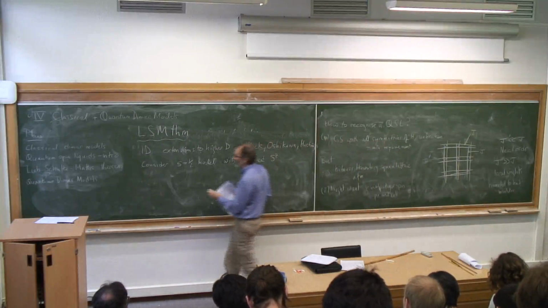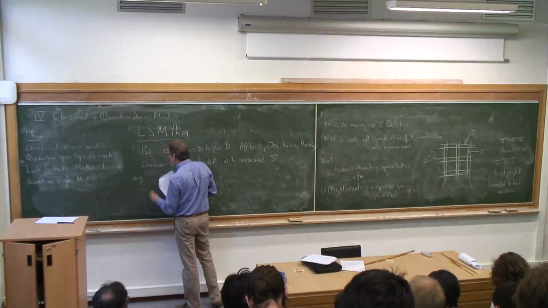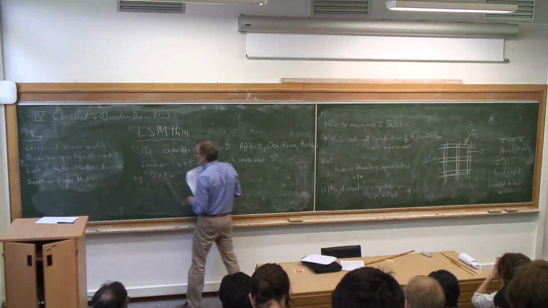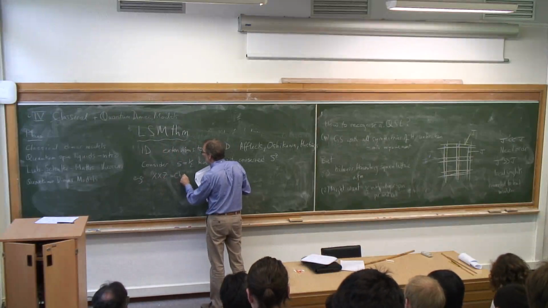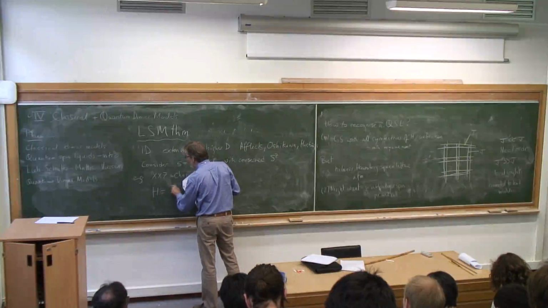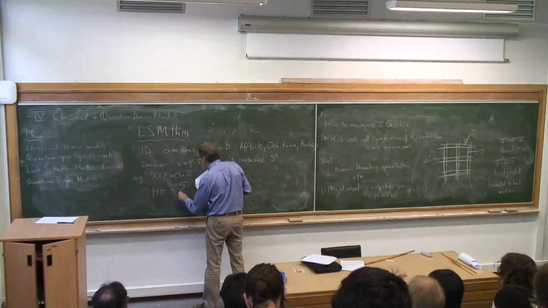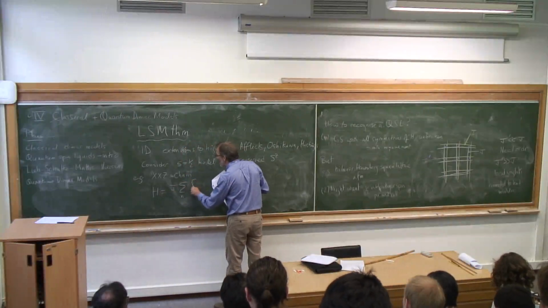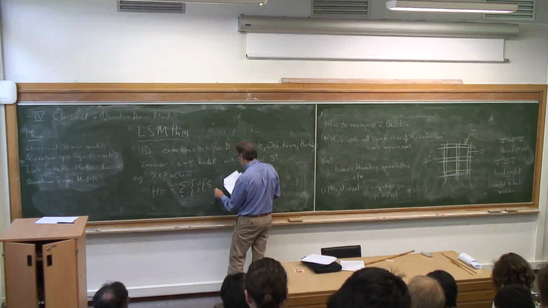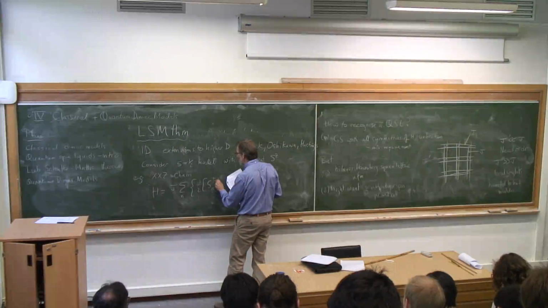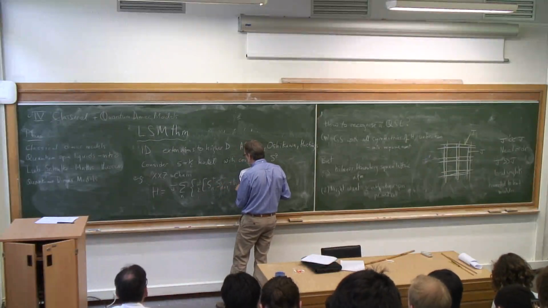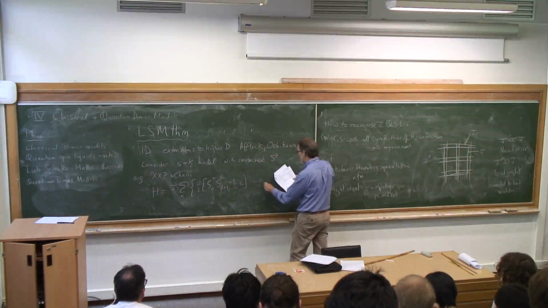And so the example that I'll discuss things for is the XXZ Heisenberg chain, where the Hamiltonian looks like this.